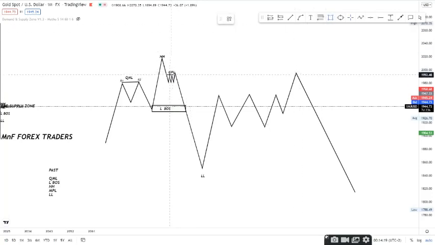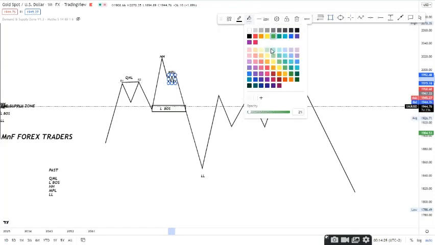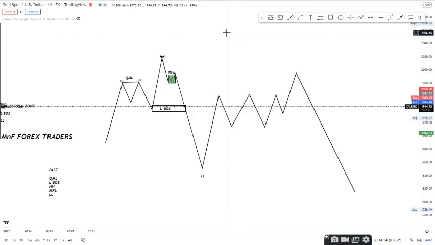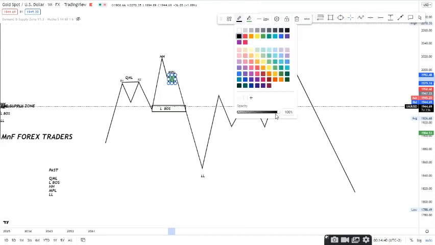On a lower time frame, this can appear as, let me just give an example, a bullish candle, like that. Let me just remove this.